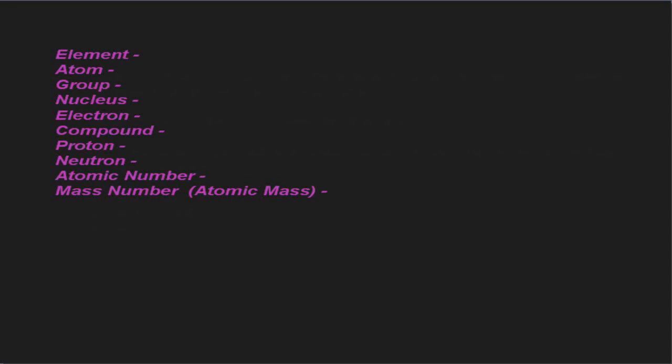Anyway, element, we can say it's the building blocks of everything. So a substance which contains only one type of atom, and that's true because everything is made of atoms and elements are the building blocks of matter, and so an element is a substance which contains only one type of atom.